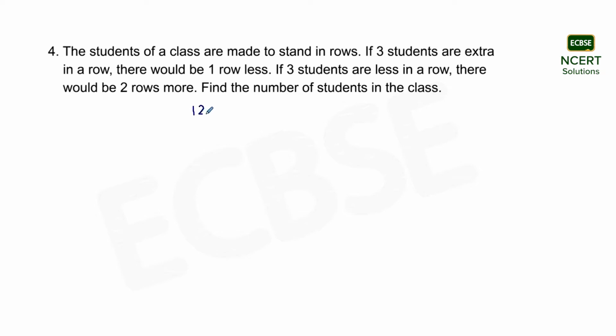Suppose there are 12 students in a class. As we know, the number 12 can be written as 2 into 6, 3 into 4 is also a possibility, and 12 into 1 is also a possibility. These can in turn be arranged as 6 into 2, 4 into 3, and 1 into 12.